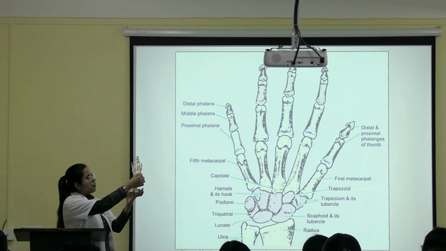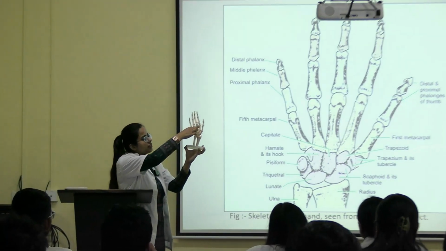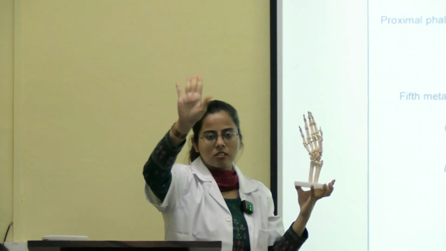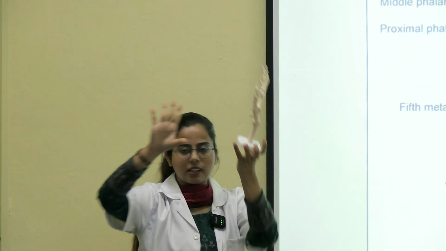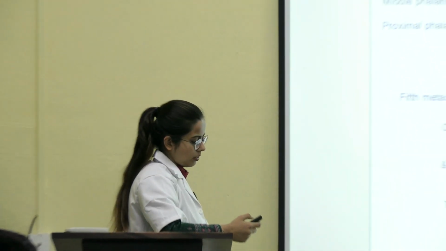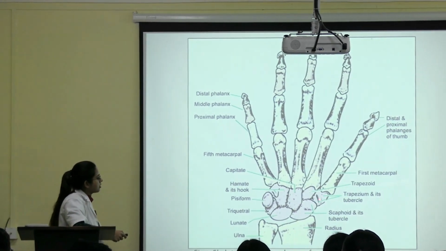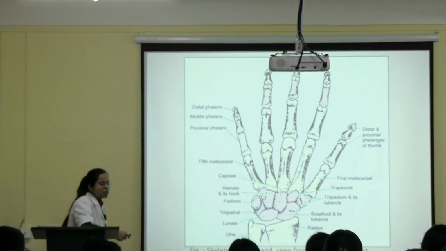You can see the first metacarpal is relatively thicker and shorter than the rest of the metacarpals, and it is also very mobile, and it is separated by a larger distance from the other metacarpals. First metacarpal distally articulates with trapezium, so it has a facet for articulation with trapezium.